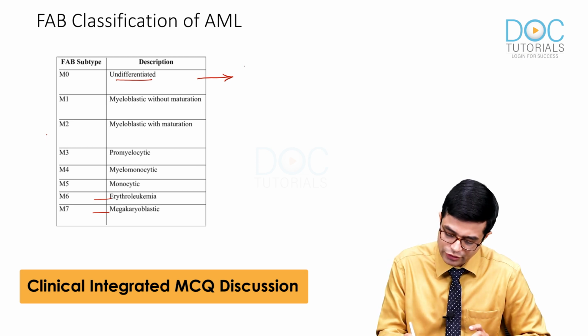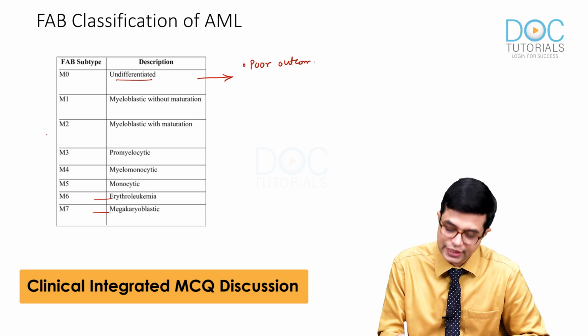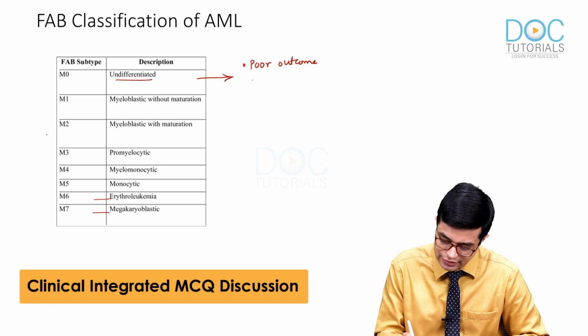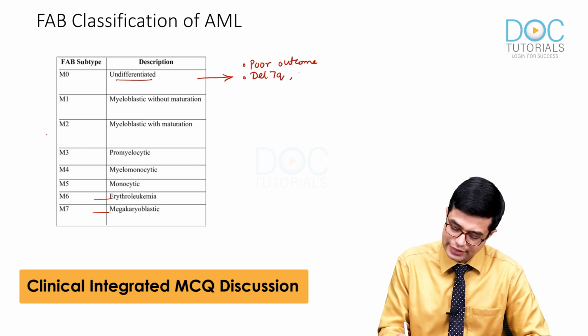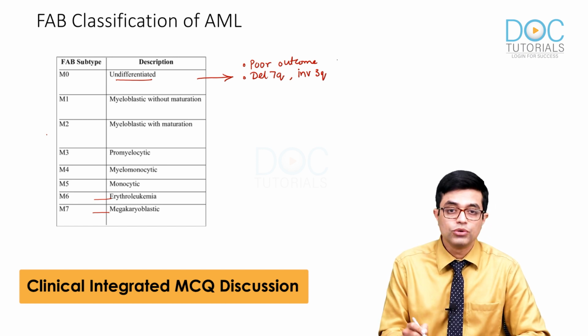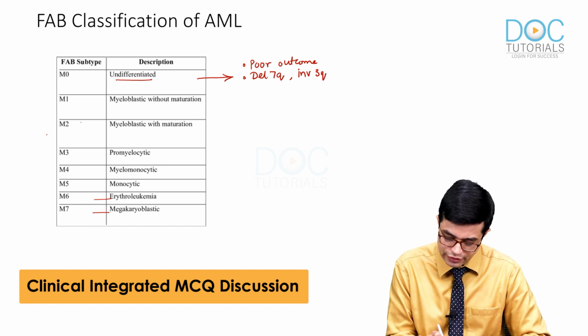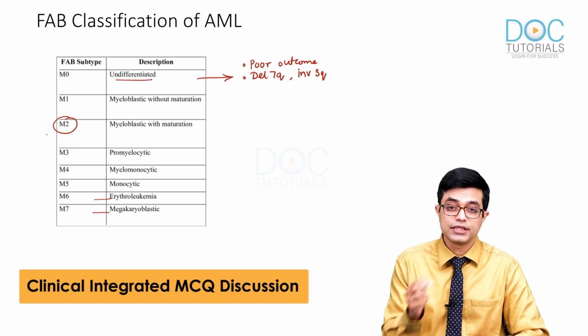M0, first thing to remember, it carries a poor outcome, it has a poor prognosis. Second thing to remember, this condition has deletion of chromosome 7q as well as inversion of chromosome 3q. And then you have type M2. This is the one which was the likely diagnosis in this child.